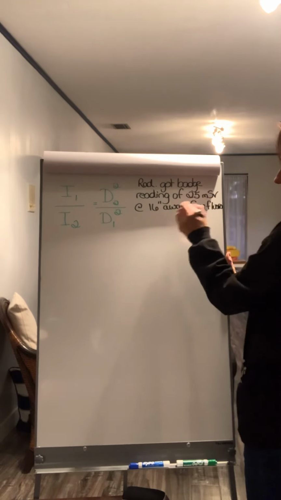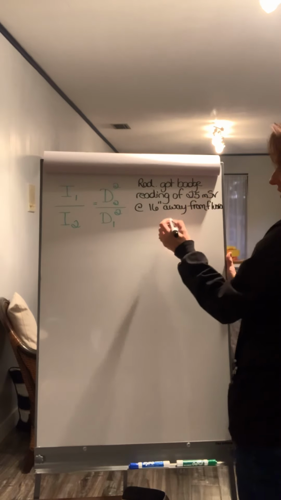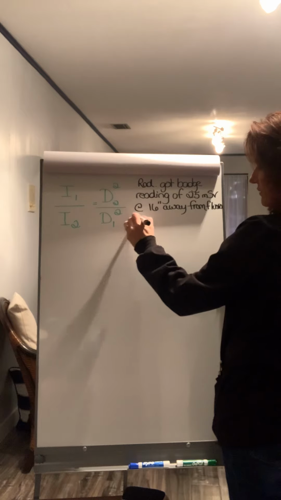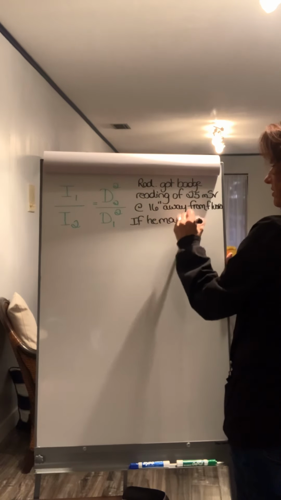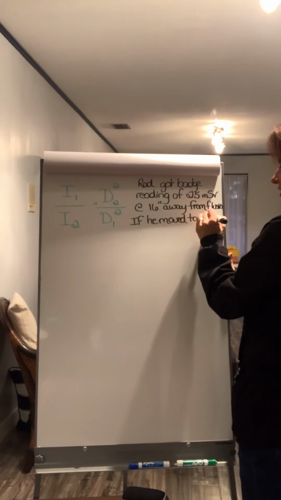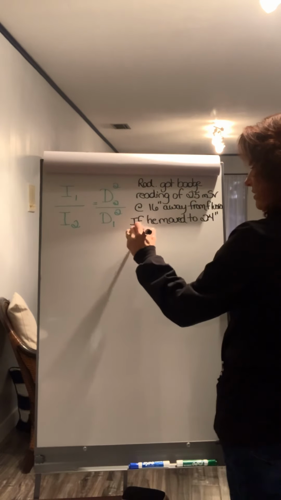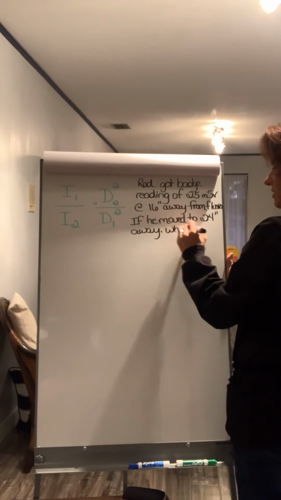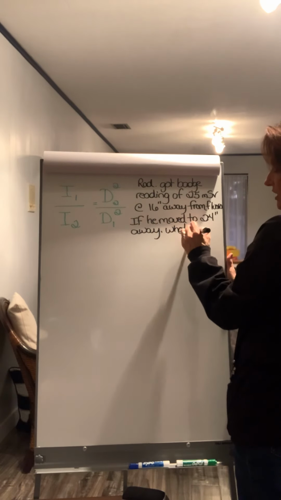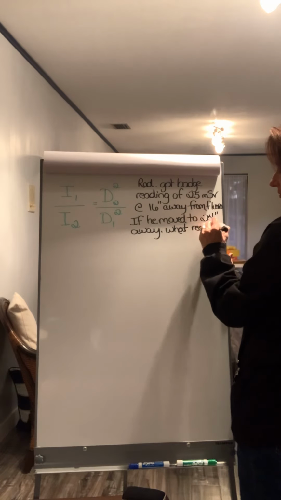So at 16 inches, he got a reading of 25 millisieverts. If he moved to 24 inches away, what reading would his badge receive?